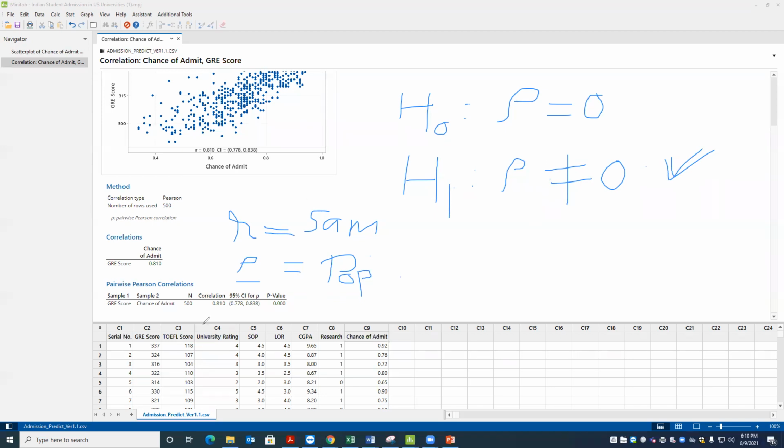Now, please look into this. What do you say? Now there is a relationship. What is the meaning of this p-value? What is the significance of this p-value?